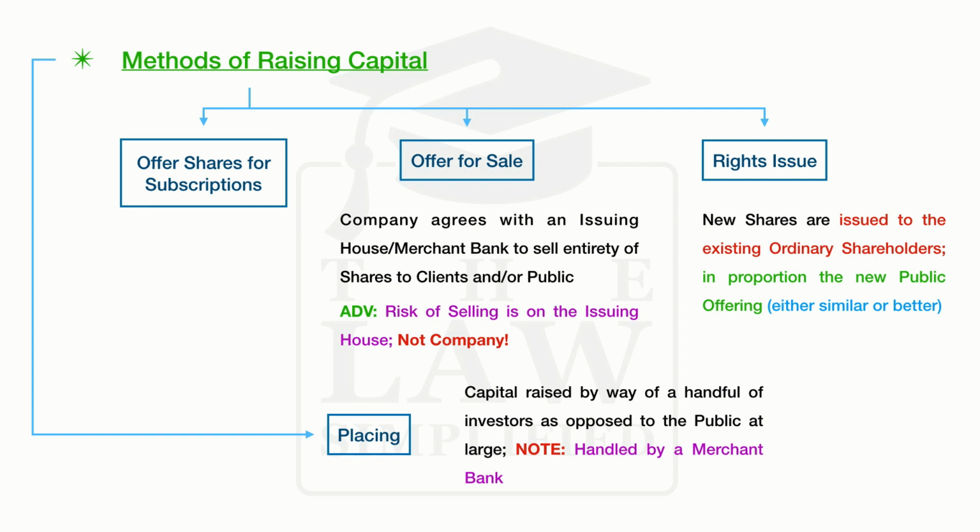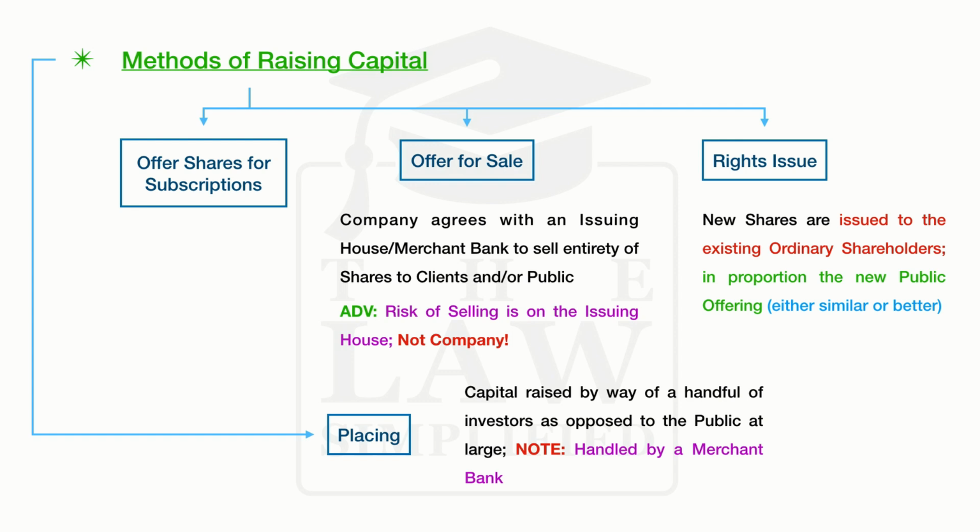Similarly, when there is an initial public offering, or when a private limited company turns into a public limited one, there is an opportunity of raising capital by offering new shares to existing ordinary shareholders in a proportion which is sufficiently fair for said ordinary shareholders. This provides an opportunity to raise more capital as well as to convert shareholders in one go.